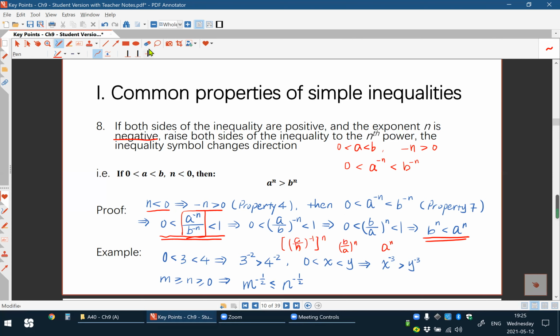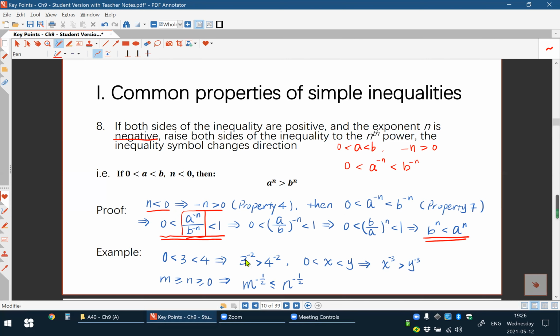For example, let's see some examples. We know that 3 is smaller than 4, right? And we raise both sides of the inequality to the -2th power. That means the inequality symbol should change direction, right?